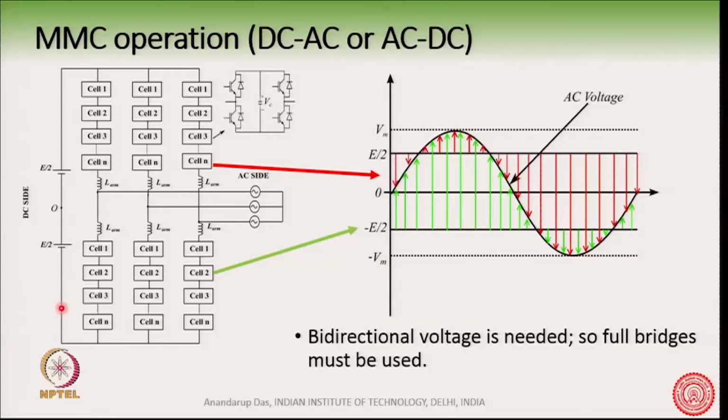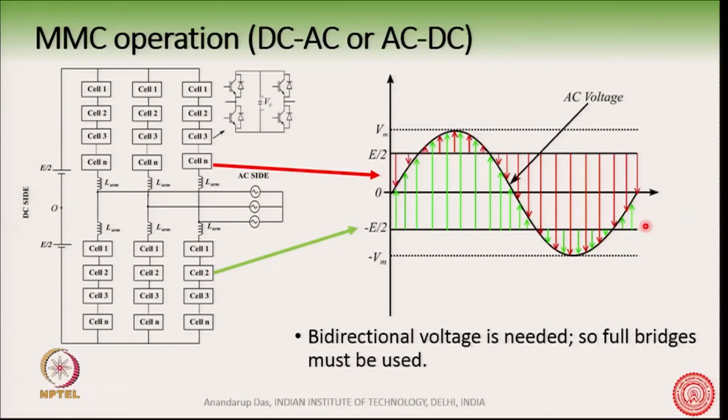Now, if the DC voltage is reduced, we have shown a waveform here. If you observe this waveform, you see that now the AC voltage is here and the DC voltage has a magnitude which is lower than the peak AC voltage. Now, we observe the arrows.